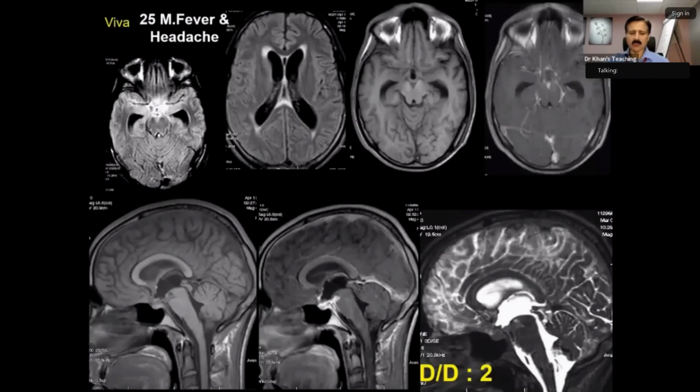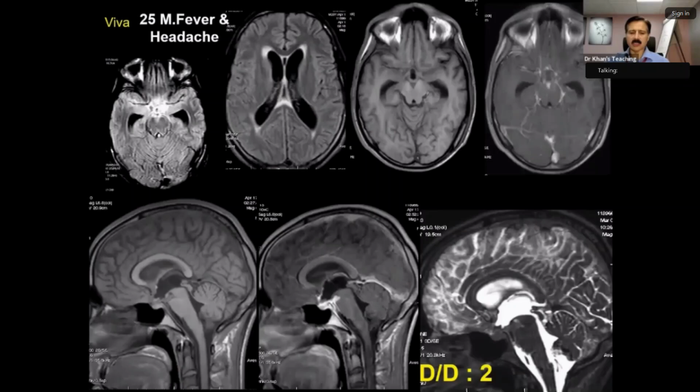In TB, what happens is that TB is basically a basal meningitis. The basal cisterns have debris and granulomatous tissue there, which will enhance. This also tells you that there is what we call extraventricular obstructive hydrocephalus. The Europeans use this word; in the UK we use the word communicating hydrocephalus.